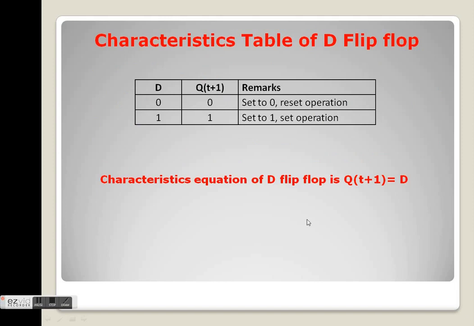You can see that when the value of D is 0, then the output Q will be 0 and it will be the reset operation. Okay, and the value of D is 1, then the output will be 1, and this is known as the set operation. Okay, the characteristic equation of a D flip-flop is Qt plus 1 is equal to D, because the value of Q is always equal to the value of the input D.